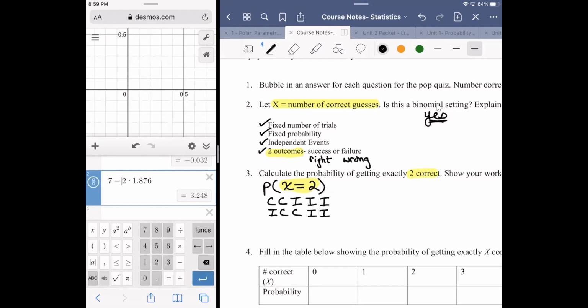So correct, C for correct, I for incorrect. Maybe it was the third and fourth questions that I got correct, but everything else incorrect. Or maybe I started off slow, but then came on strong. That's assuming that the questions I got correct were consecutive. And maybe they alternated.